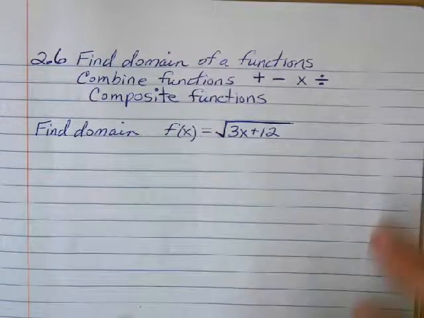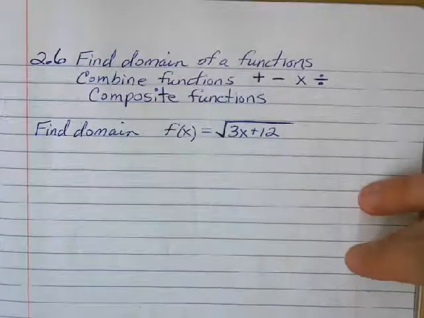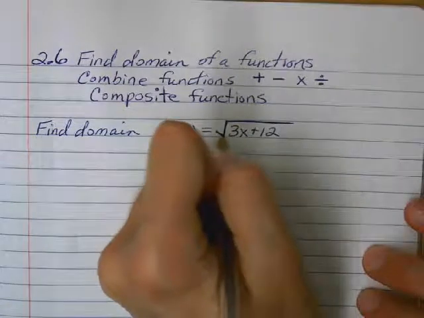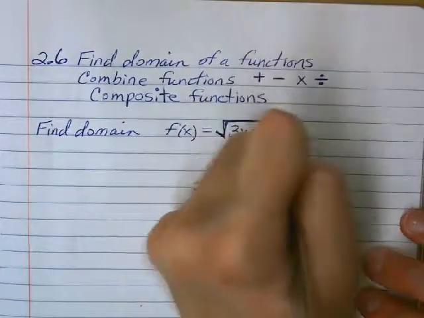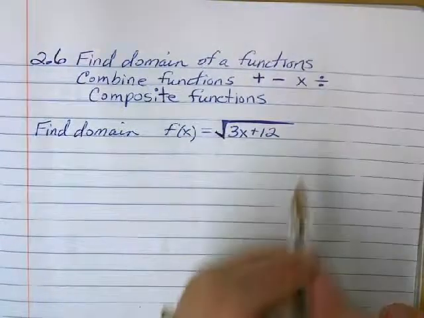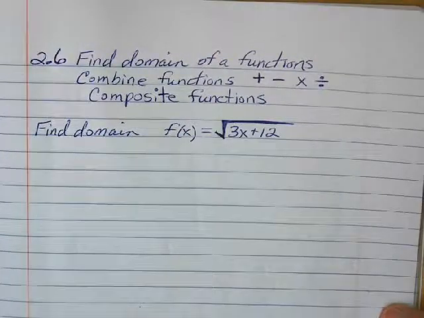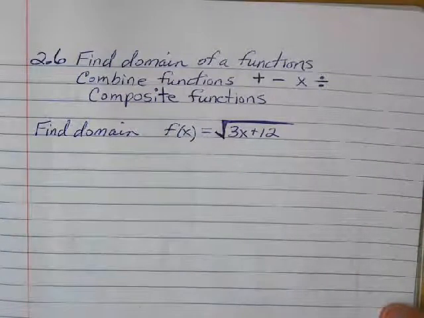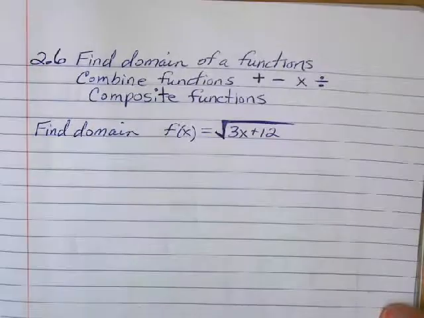Well, you have to think about what we've learned in the past about square roots. Can you take a square root of a negative number? It won't give you a real answer, it'd give you an imaginary answer. We've learned how to deal with it, but usually if you have a square root of a negative, it's called imaginary, and you put i.